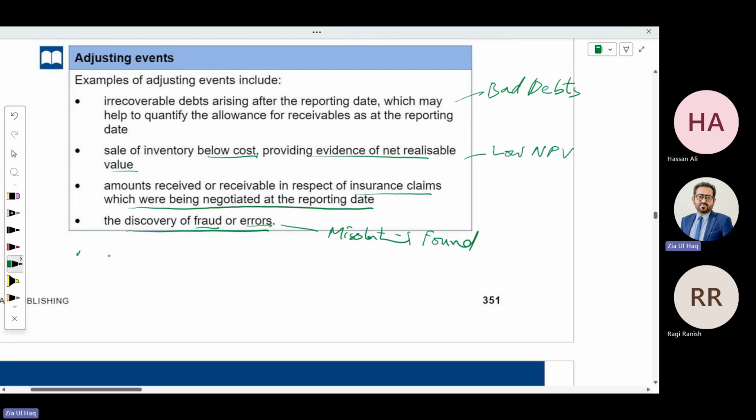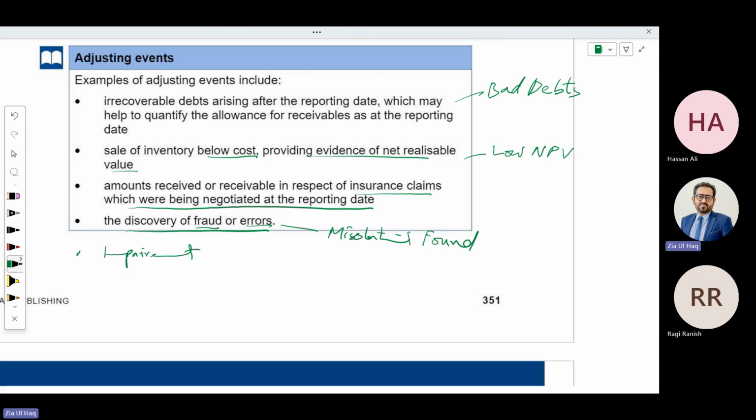One example could be relating to impairment. You have recorded an asset in the balance sheet at year end. Immediately after the year end, you become aware its market value is lower than what you have recorded as carrying value. This means the impairment loss was not recorded, which you need to record.